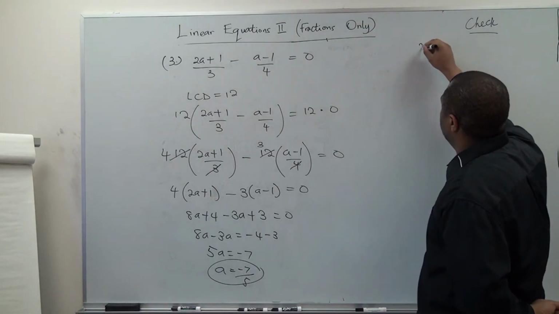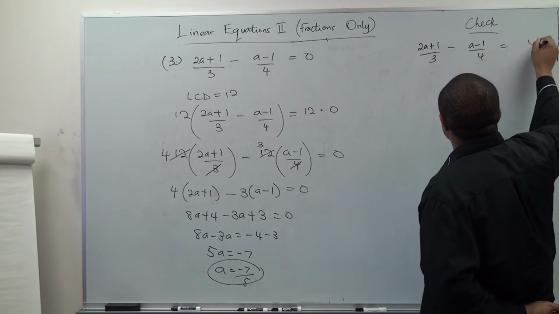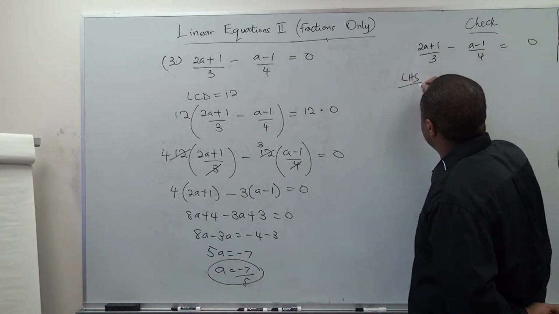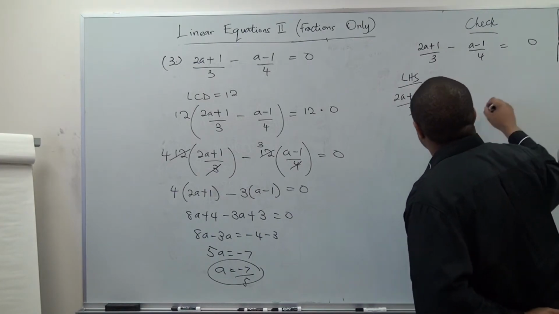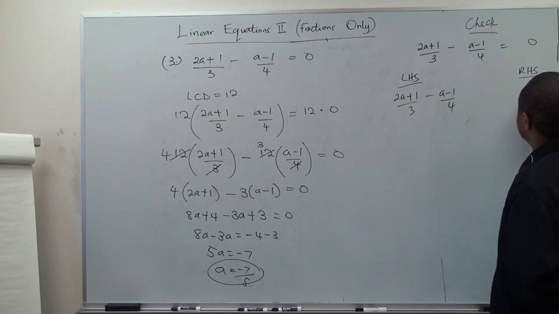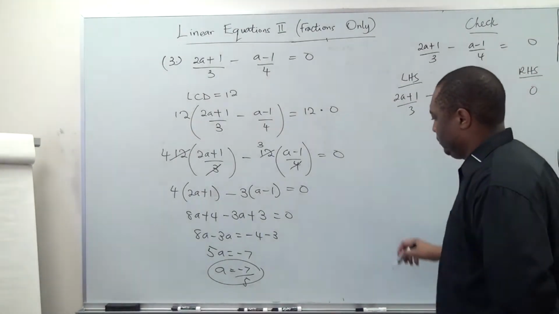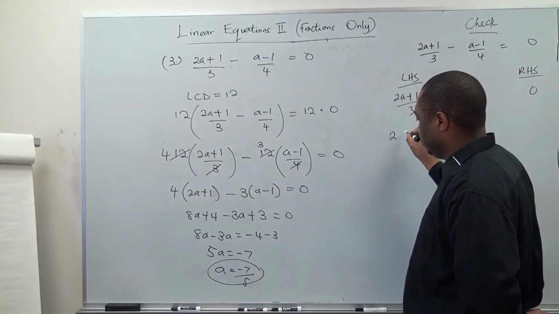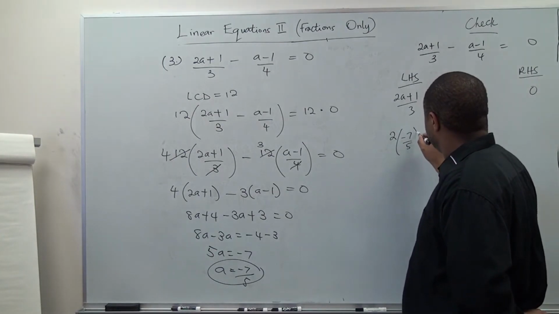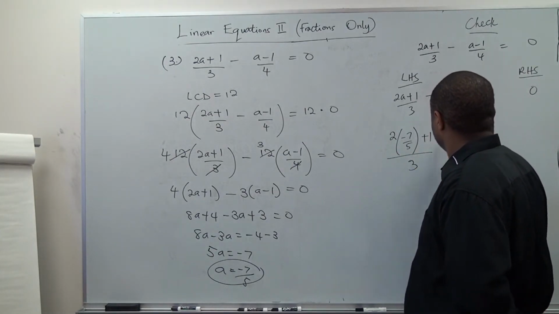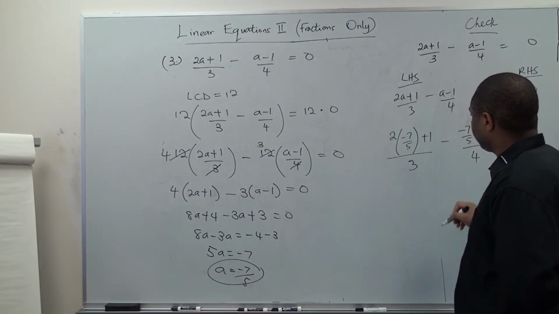In check, we write the main problem, (2a + 1)/3 - (a - 1)/4 equal to 0. Left hand side is (2a + 1)/3 - (a - 1)/4. Right hand side is 0. Okay, so we substitute that for a. 2 times negative 7 over 5 plus 1 over 3 minus negative 7 over 5 minus 1 over 4.